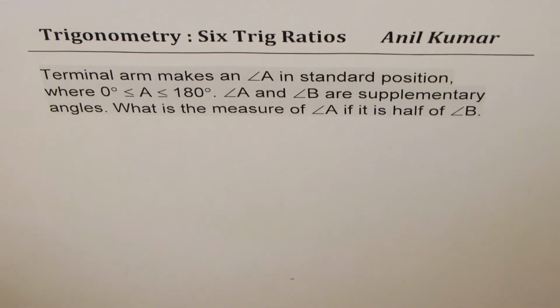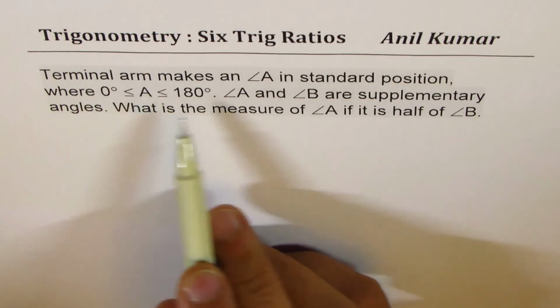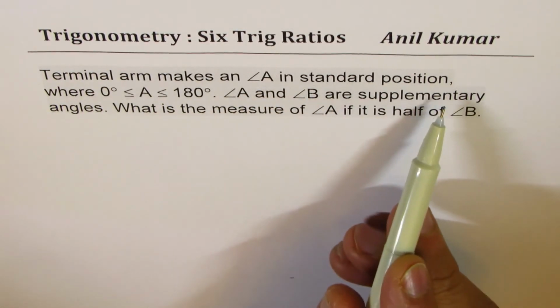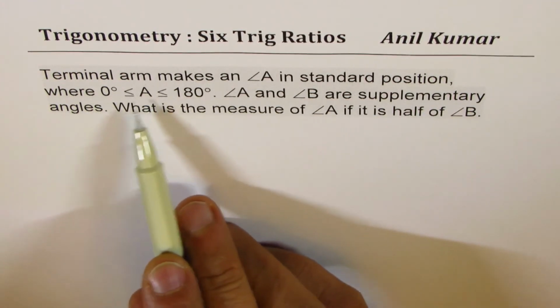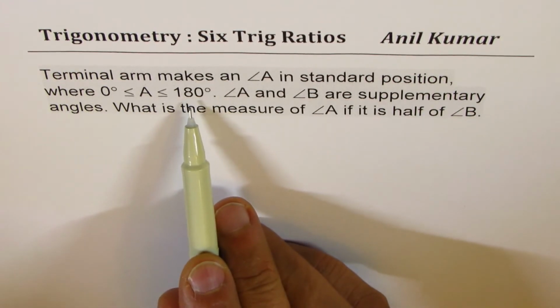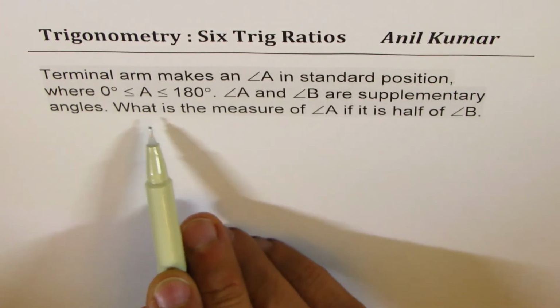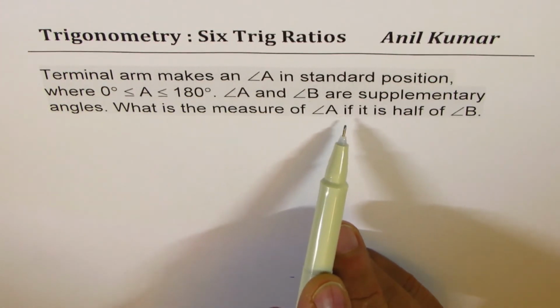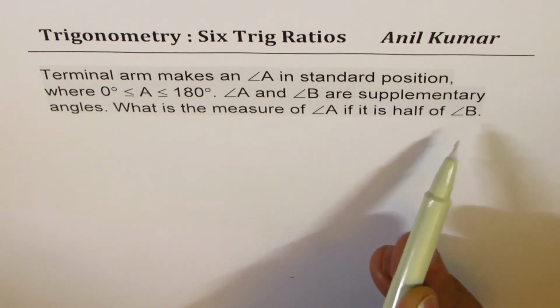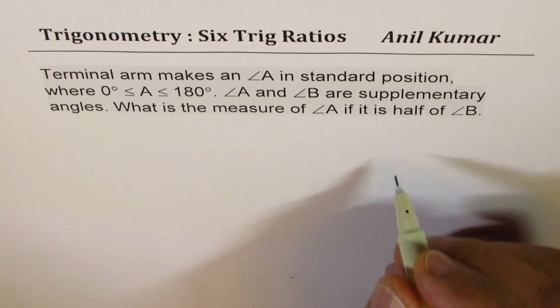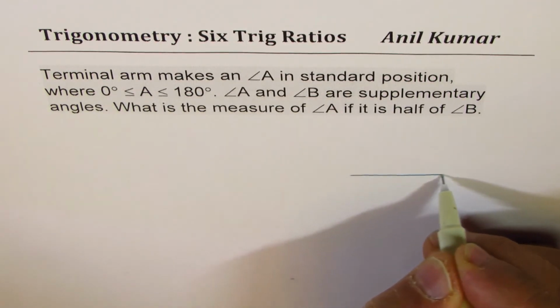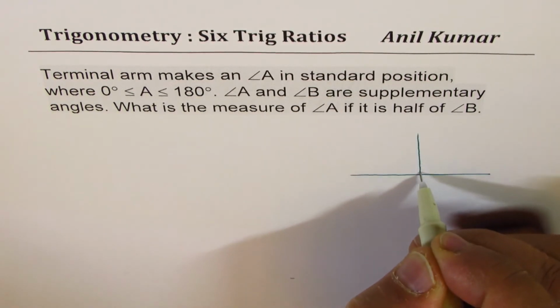The question here is, terminal arm makes an angle A in standard position where A is between 0 to 180 degrees. If angle A and B are supplementary angles, what is the measure of angle A if it is half of angle B? You can always pause the video, answer the question, and then look into my suggestions.